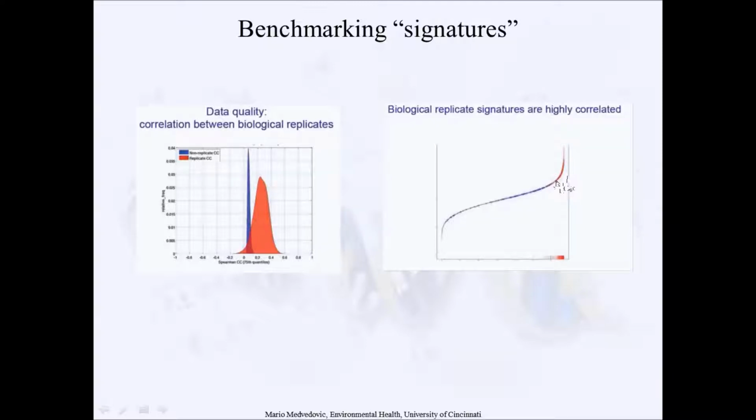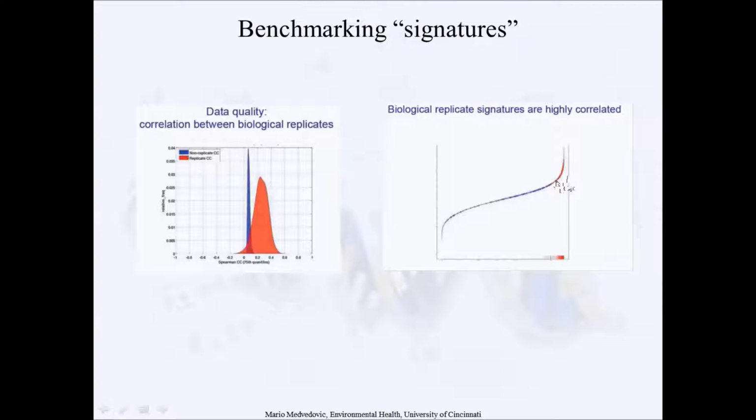So the signature now consists of a set of replicated profiles that are highly correlated between each other and are specific, meaning that they're significantly more correlated with its replicates than with any other random signature.